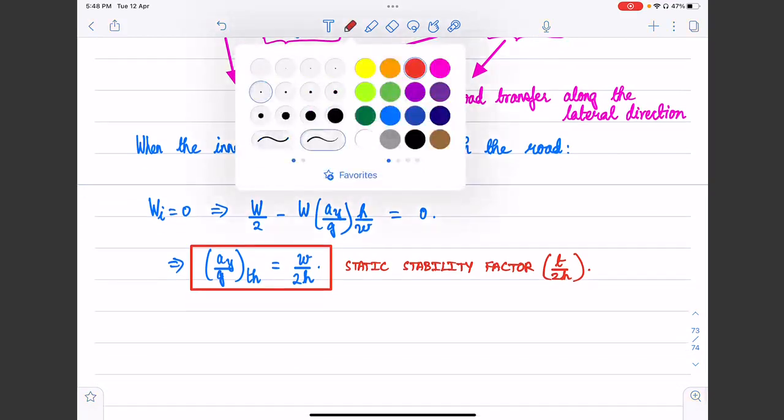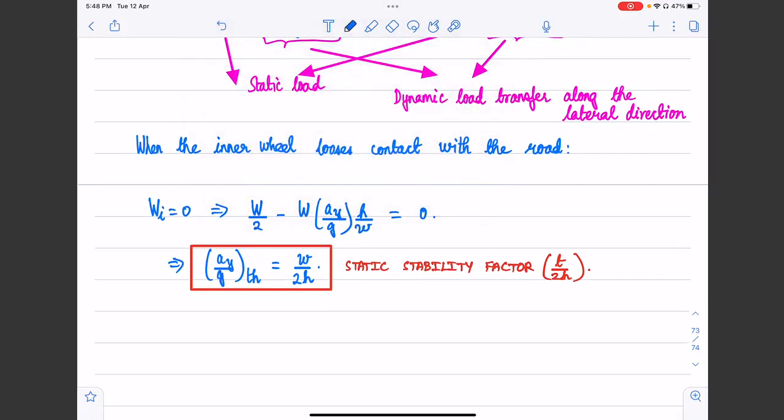All right. But in dynamic analysis, suppose we are able to measure the normal loads on the wheel, one can use what is also called a lateral load transfer ratio to monitor the rollover tendency of the vehicle in real time.